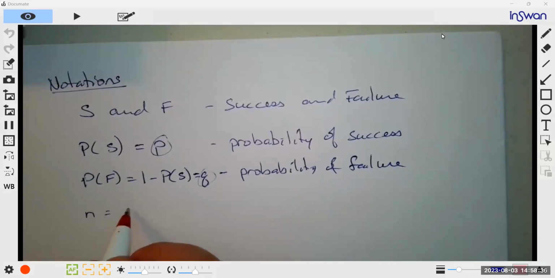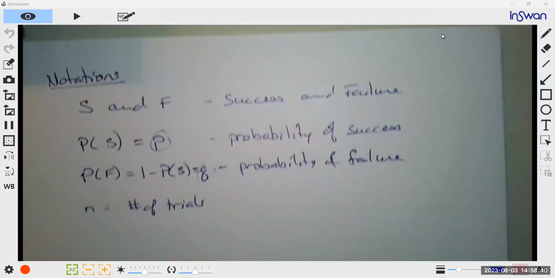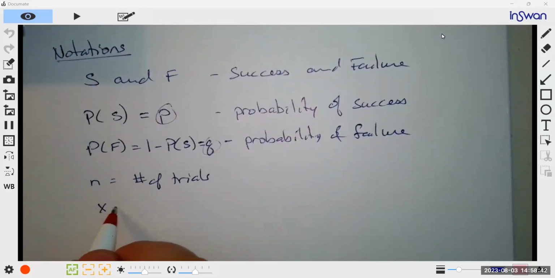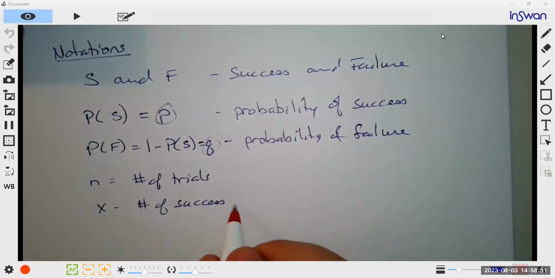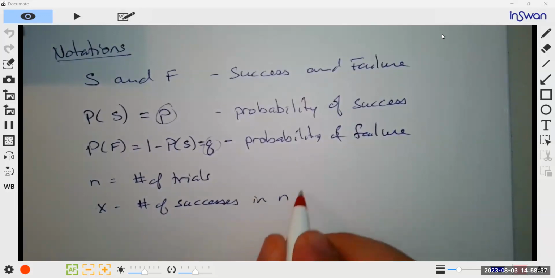N is the number of trials. X is the number of successes in N trials.